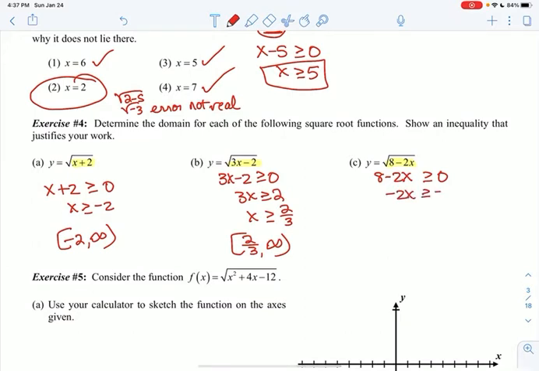I bring that 8 over to the other side. Now remember, when you're dividing by a negative number, I have to flip that inequality. All right, so x must be less than or equal to 4. So 4 is okay, and anything less than or equal to 4 is okay. All right, so we got to switch the inequality on this one.